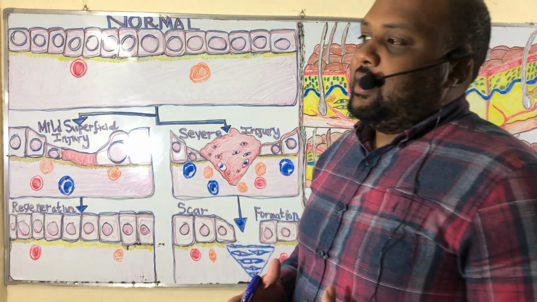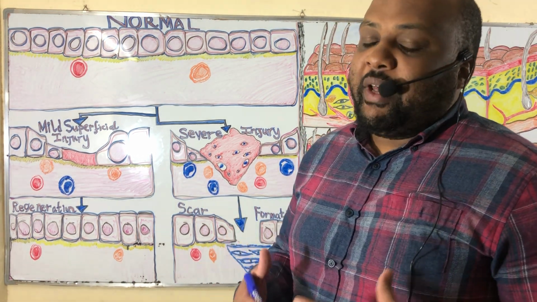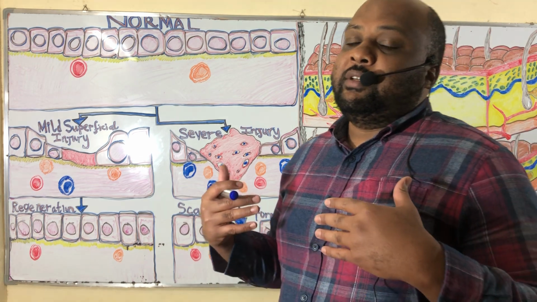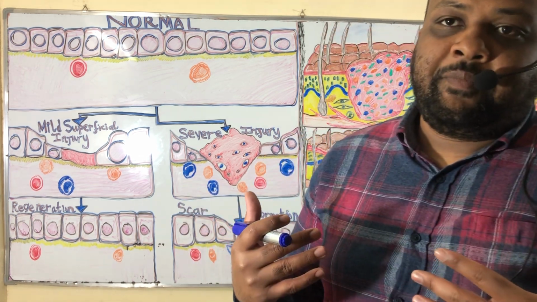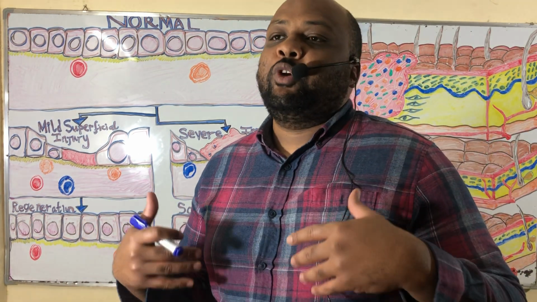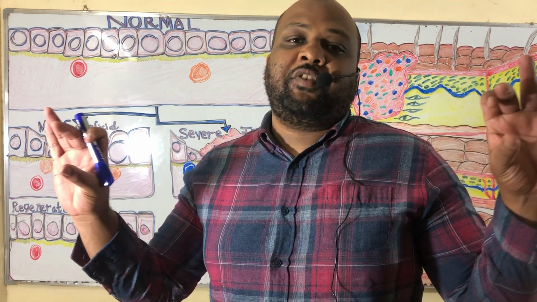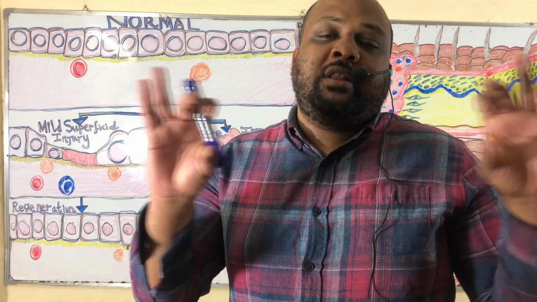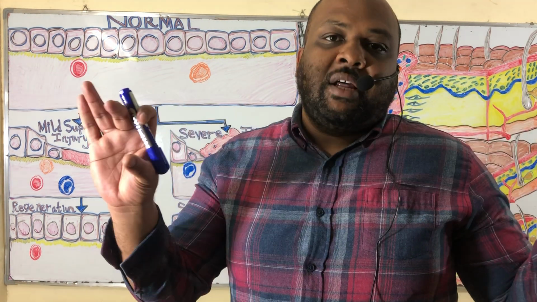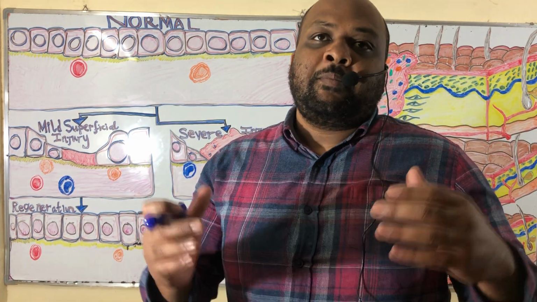There is a damage that penetrates deeper than the epithelium, and we go to the underlying tissue. So the epithelium is the frontier and the first line of cells.